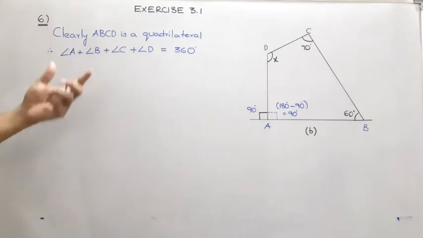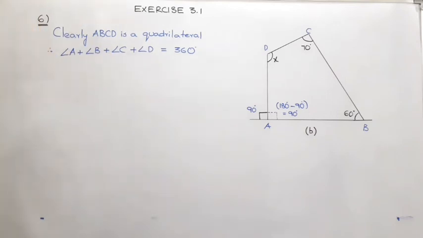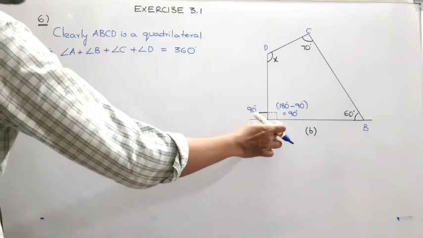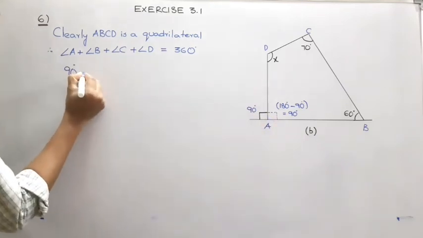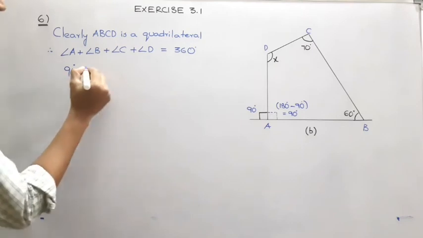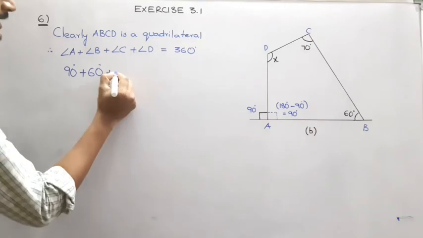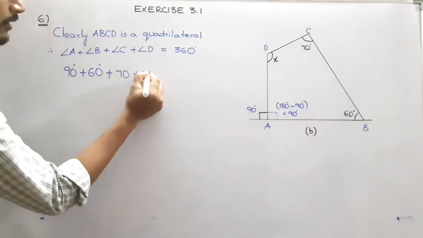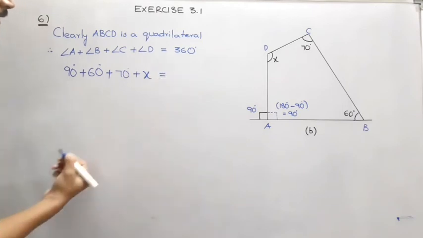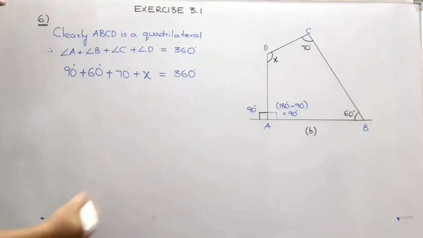So angle A plus angle B plus angle C plus angle D is equal to 360 degrees. Now here we have angle A as 90 degrees and angle B as 60 degrees plus angle C as 70 degrees and angle D was given as X. So the sum of these angles is equal to 360 degrees.